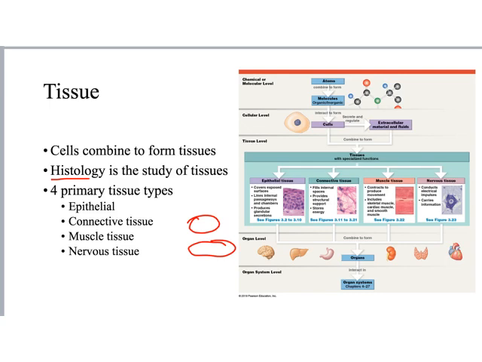What we're going to see when we go through the rest of the course is that, let's say we're studying the brain. So the brain obviously is going to have nervous tissue, but we're going to also find epithelial tissue in the brain. We're going to find connective tissue in the brain. And so we're going to find these multiple tissue types showing up in several organ systems, probably pretty much all of the organ systems that we look at.